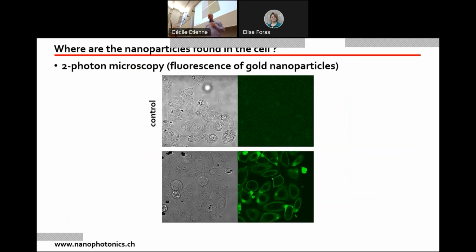But nonetheless, these particles are produced inside the cell, and we can check that by using a microscopy technique which is called two-photon microscopy. Basically, we look at the fluorescence of this gold nanoparticle, and you see that when we have incubated the cells with the gold salt, they are full of nanoparticles.